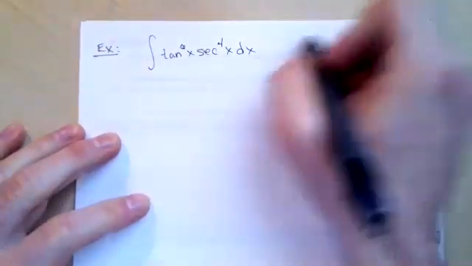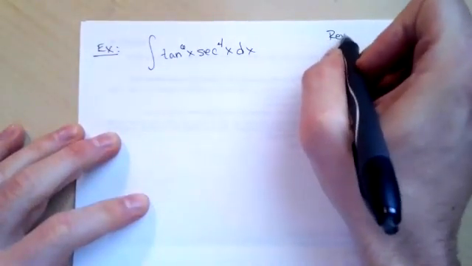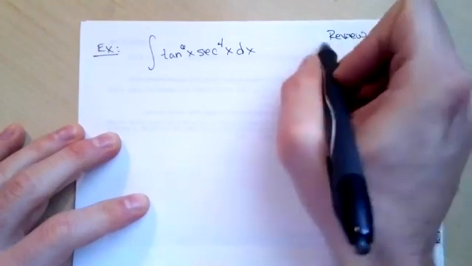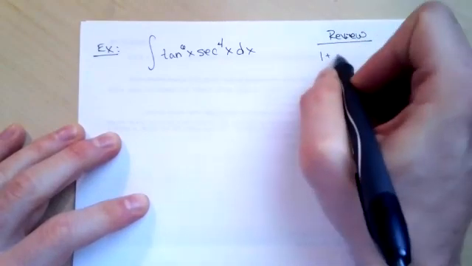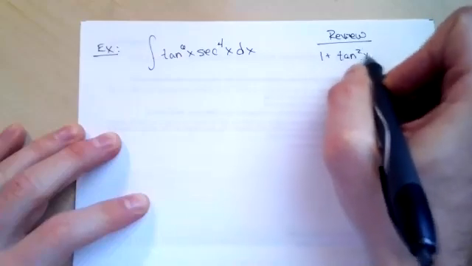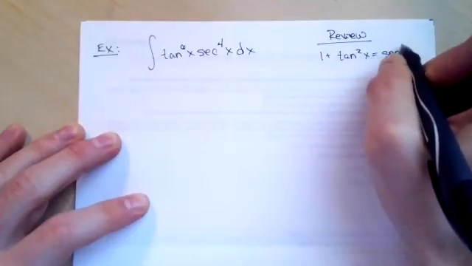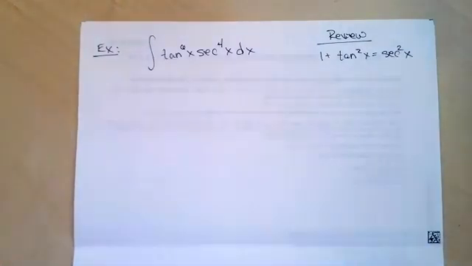So let's write out our notes again, at least for these functions. Our 1 plus tangent squared is secant squared. Or you can write it as tangent squared is secant squared x minus 1. So that's the Pythagorean identity that relates these two functions.